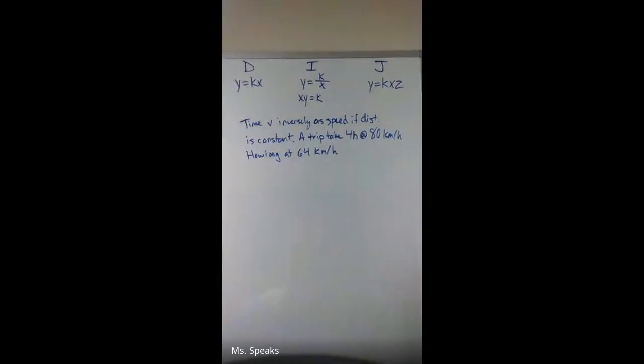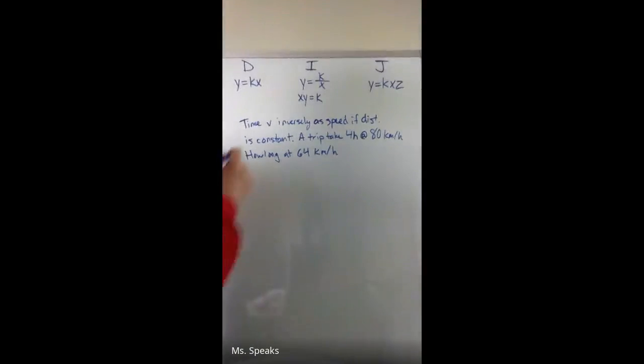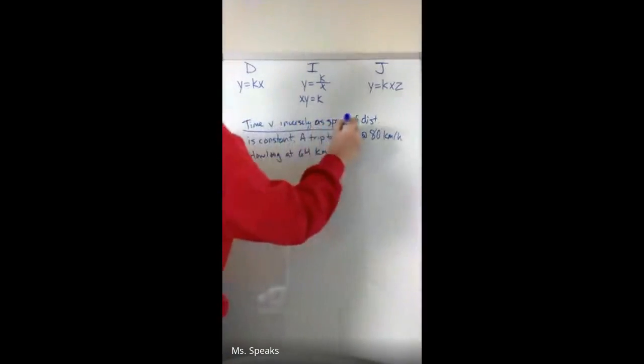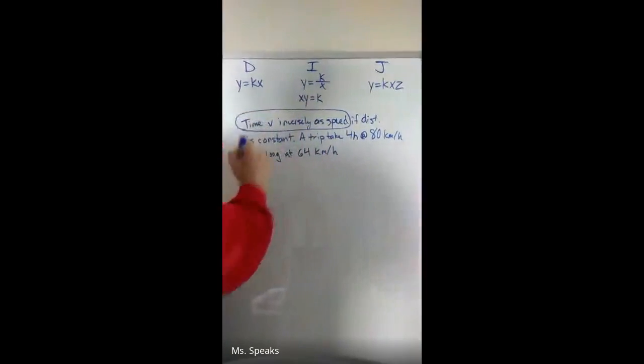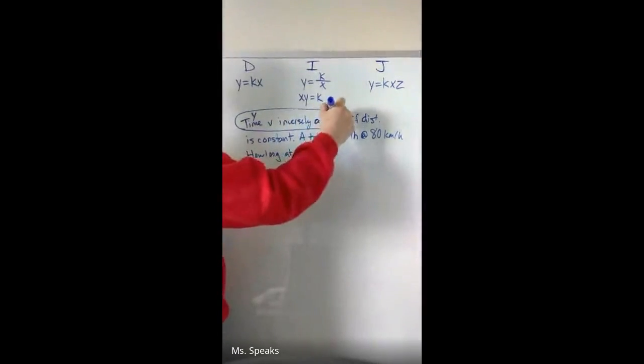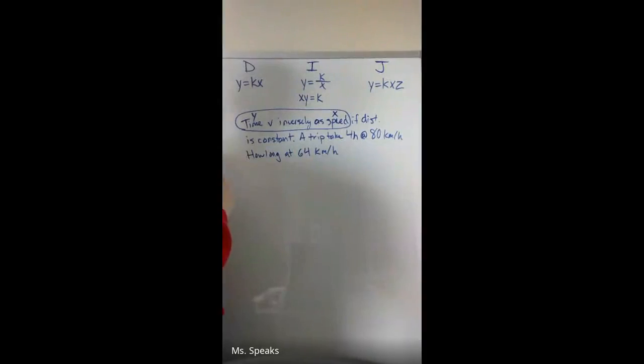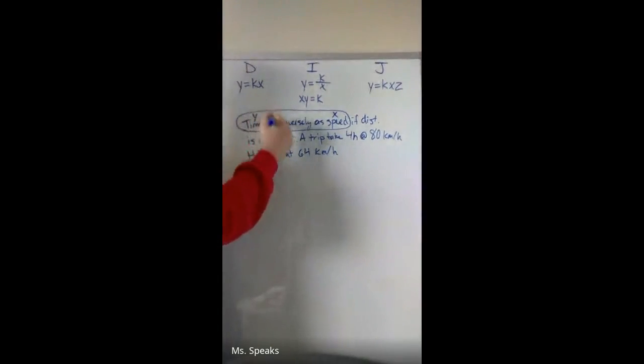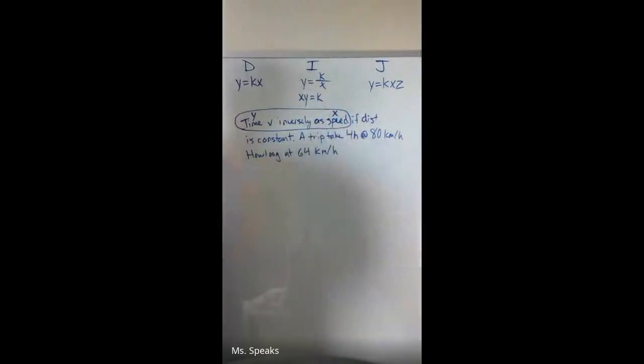So time varies inversely as speed. There's your key sentence. Time is going to be y, speed is going to be x, because in the regular, normal, not a word problem sentence, it would be y varies inversely as x.